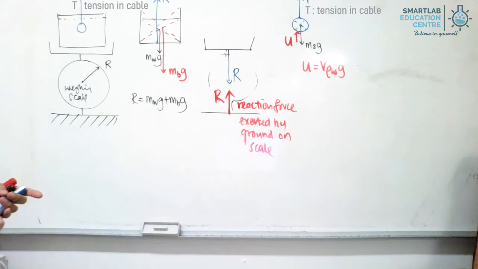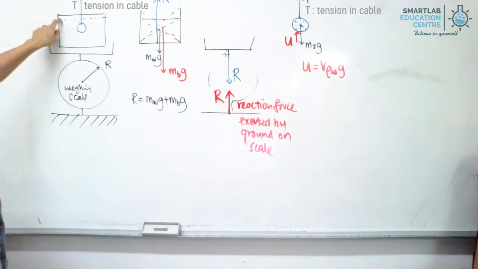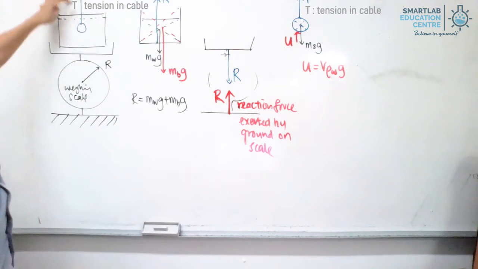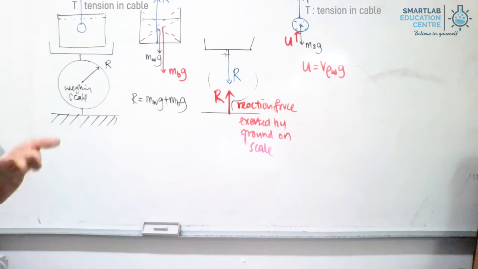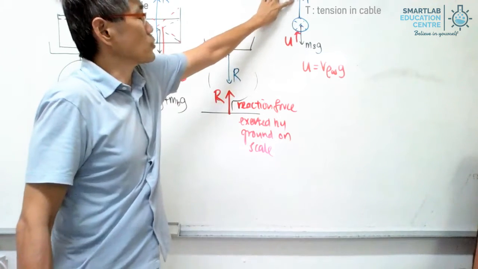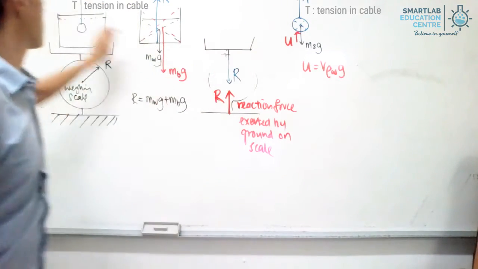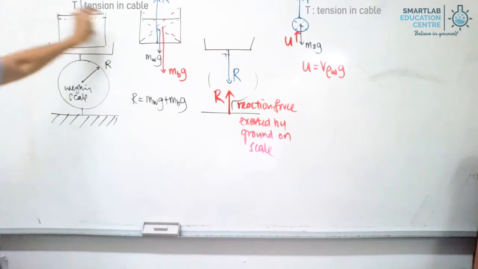Let us now take a look at what happens if we decide to insert a steel ball. As you can see from the dotted line here, once you insert a steel ball, obviously the water level would have risen. Let's take a look at the forces now acting on the steel ball first. The force that will continue to act on the steel ball is the tension provided by the string.